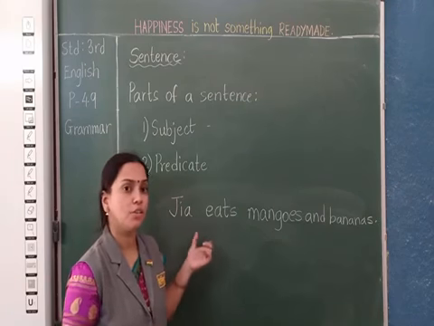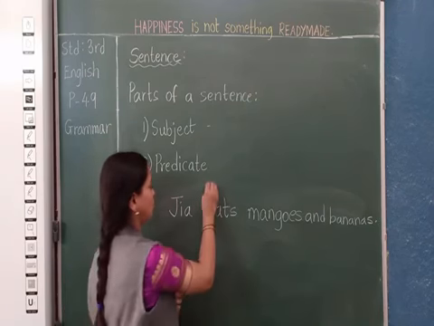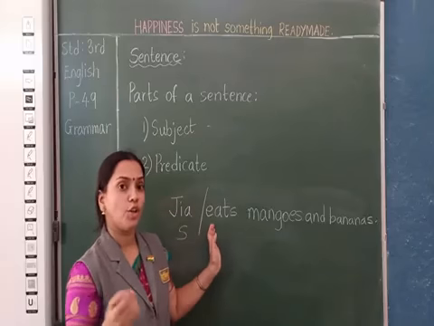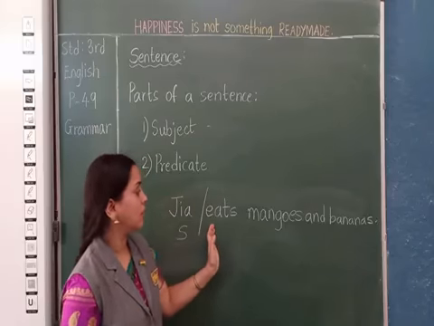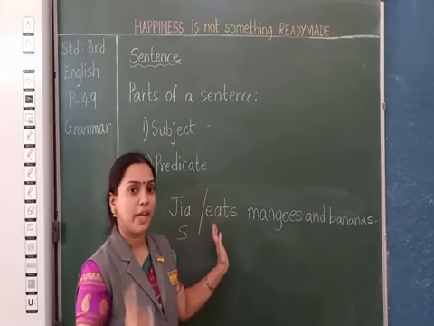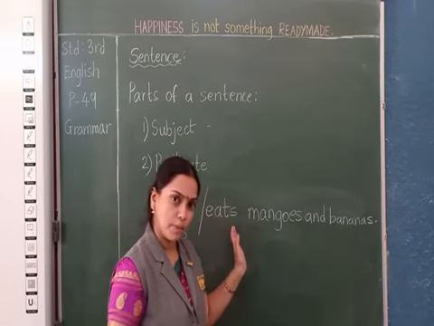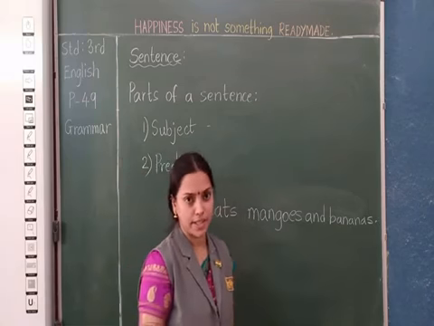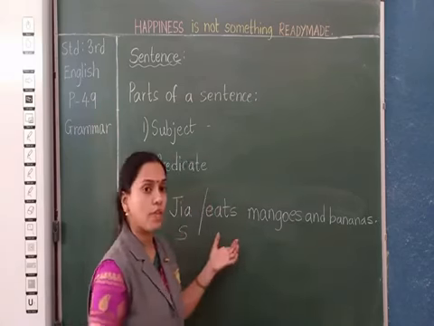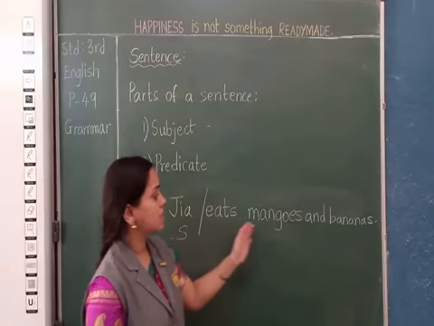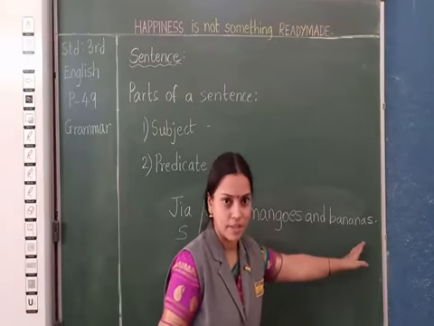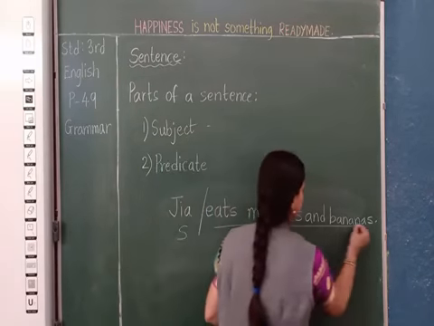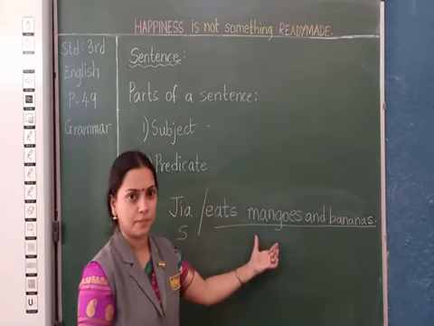Jia. Jia is the doer of the action. So Jia is our subject, and as we just learned, generally the predicate starts from the verb and includes all the words till the last word in the sentence, isn't it? So what will be our predicate here? Eats mangoes and bananas. This whole thing is our predicate.